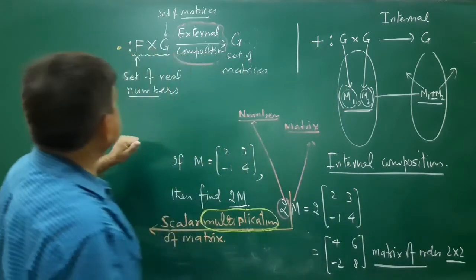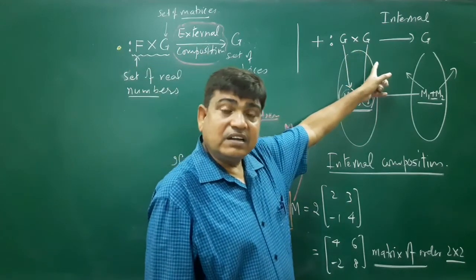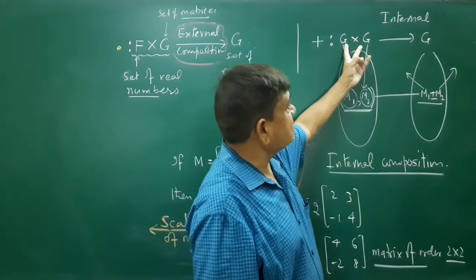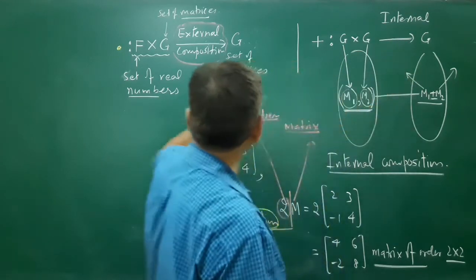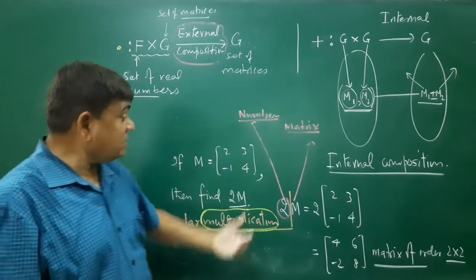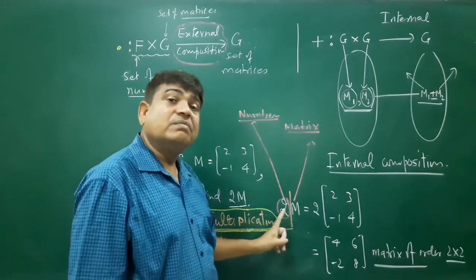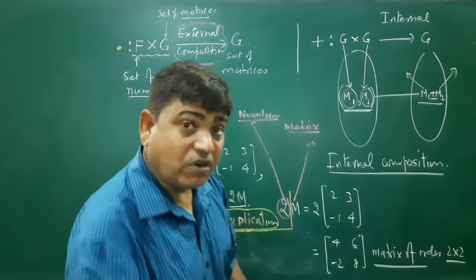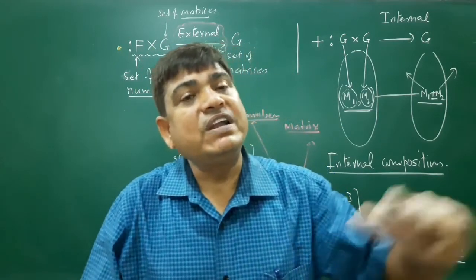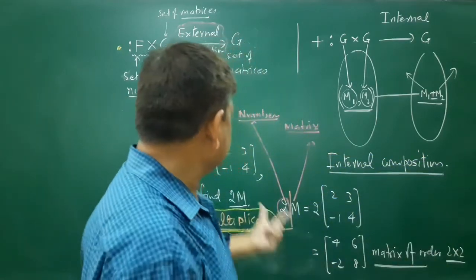So here it is external composition, here it is internal composition. Internal composition, the function is from this to this. External composition, find this one. And the situation you can say, whenever you have to multiply a matrix by a scalar, that means you want a scalar and matrix both. So one is from scalar set and other is from matrix set, like this.